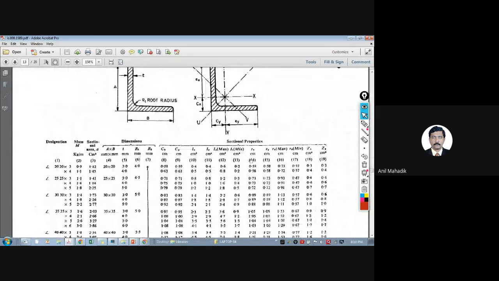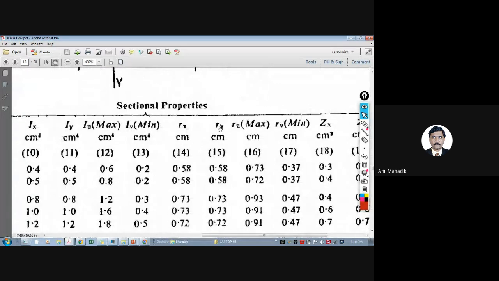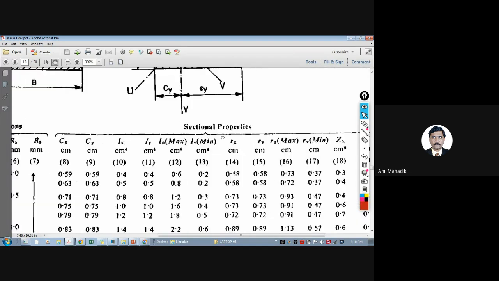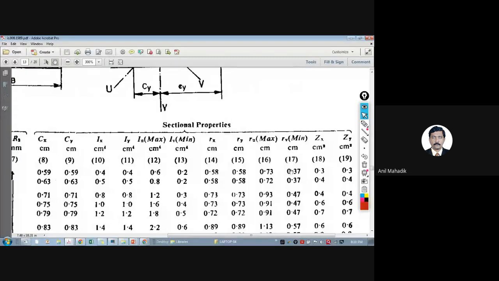In angle section, the R values are not only RXX and RYY. There is RU and RV. So generally we get R minimum value as RV. As it is an unsymmetrical section, there are 4 axes, XX, YY and UU and VV.